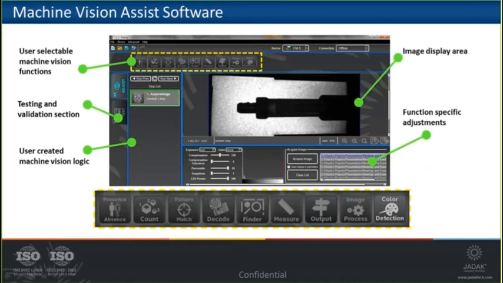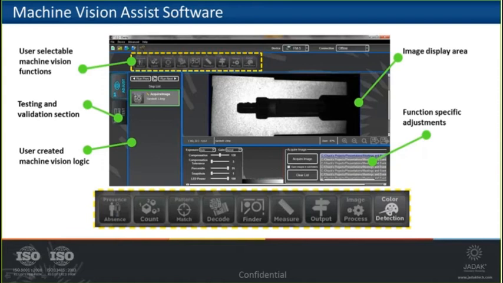We can set up a barcode decode, so we can set up a window around a particular area to decode a barcode in that area. We can find specific shapes in the image, so a corner like this, a circle, a line. For instance, here you may find a line here and a line here, and then measure between those two lines with this next step.